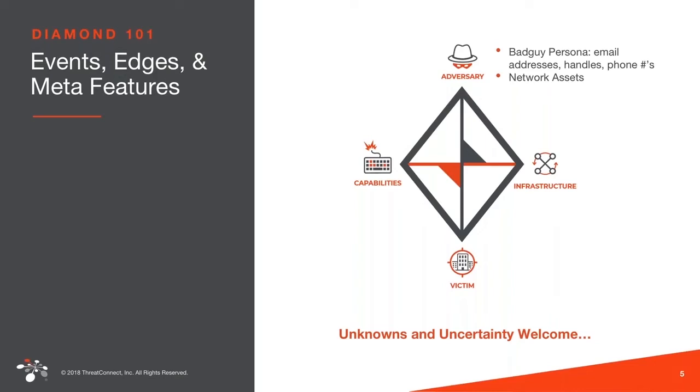They can be characterized by their actual persona, who they are, but also features such as their email addresses, handles, phone numbers, things that are pivotable and that you can understand or link different disparate activity to based on the footprints that they leave about their own persona.